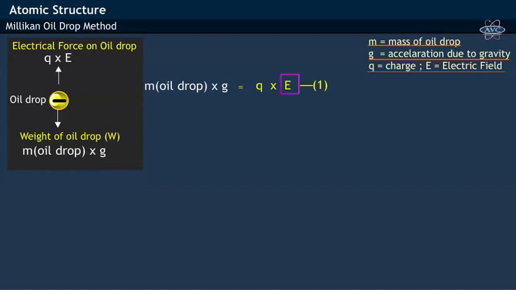By moving the E term to the other side of the equation, we get the charge on the oil droplet, Q, equal to mg divided by E.